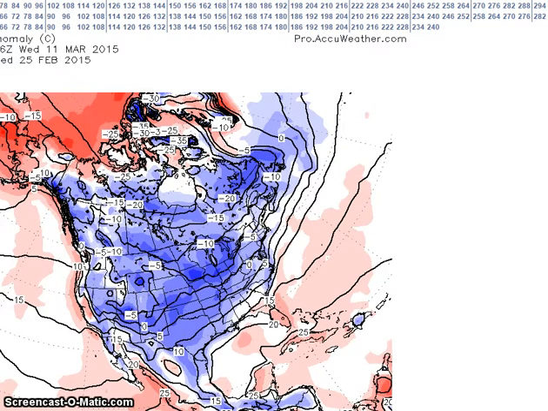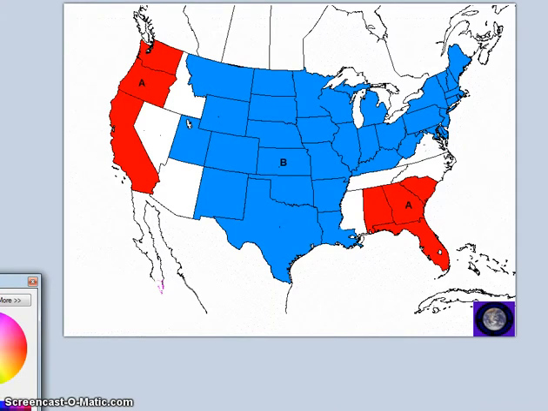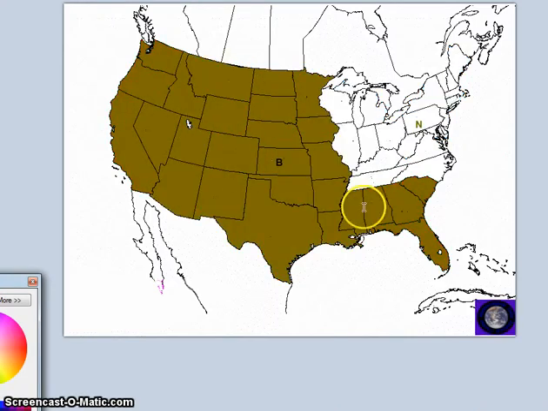For precipitation, I'm calling for below normal precipitation across a large area of the nation here, near normal elsewhere.